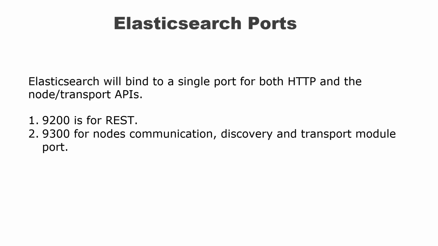If you want to talk to Elasticsearch, you can use 9200, and when you set up a cluster of hundreds of nodes for Elasticsearch, they communicate with each other on port number 9300. Are you comfortable so far?